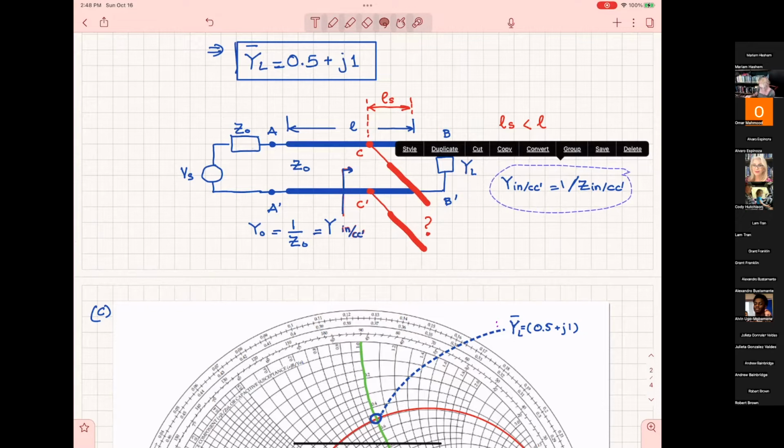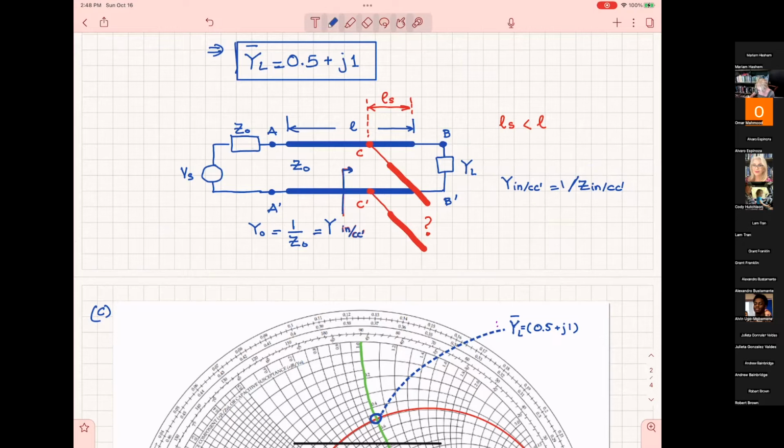So if at this point on this reference line, my input impedance is Z0, then does the rest of the line have any influence on the matching?